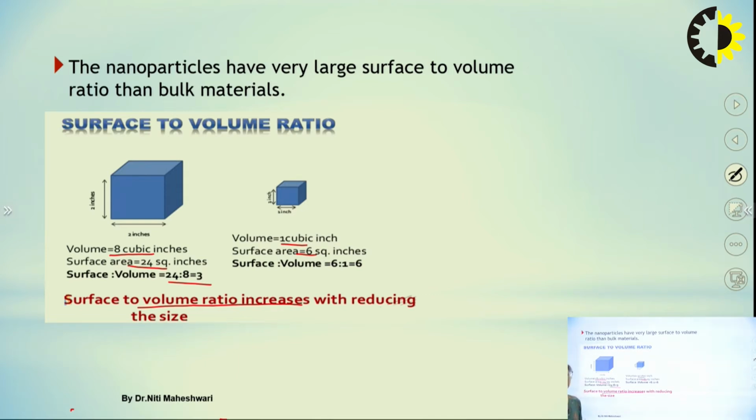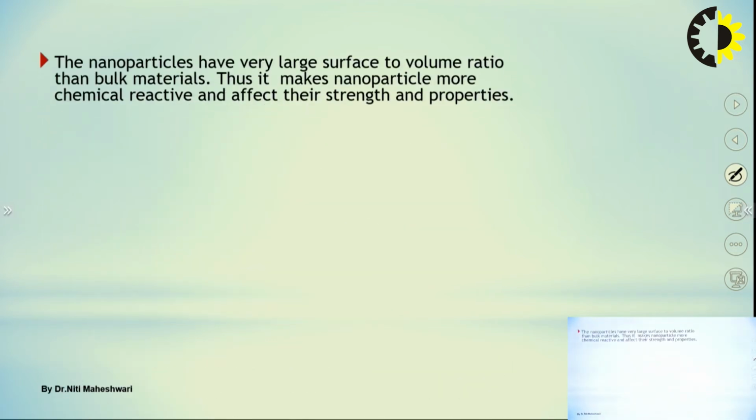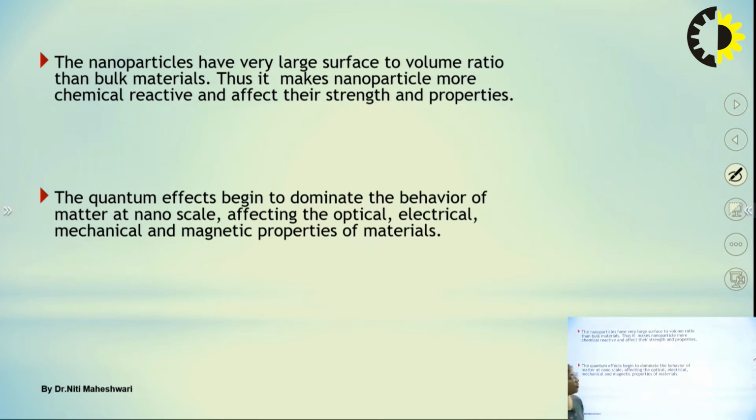One of the major reasons for the change in properties is the increase in surface to volume ratio. Nanoparticles have a very large surface to volume ratio compared to bulk materials. Thus, it makes nanoparticles more chemically reactive, and therefore it affects their strength and properties.